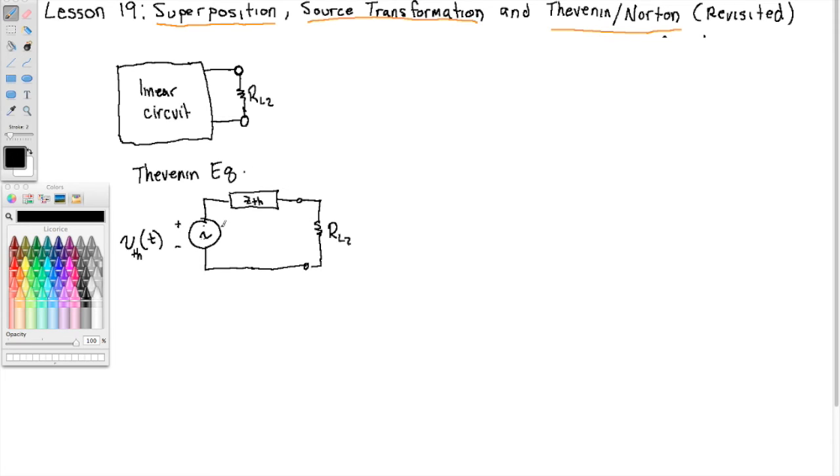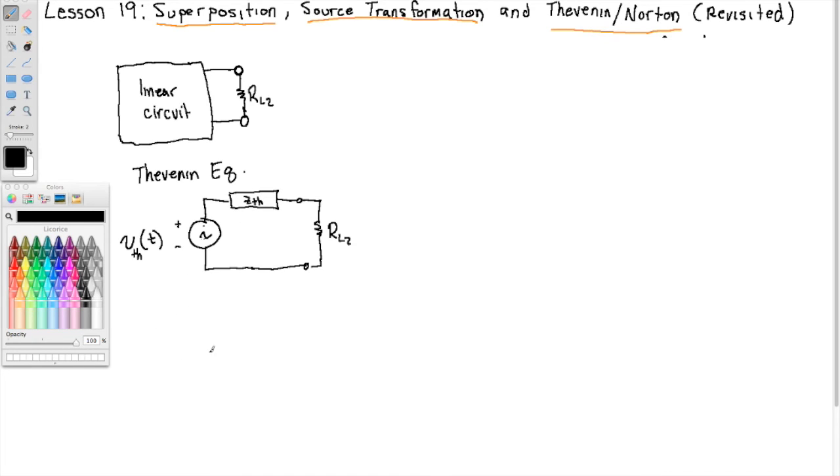I'm not going to say too much more about that because you've already seen it. It's just that the Thevenin voltage now has a magnitude and phase, and the Thevenin resistance is not a resistance anymore, it's an impedance.